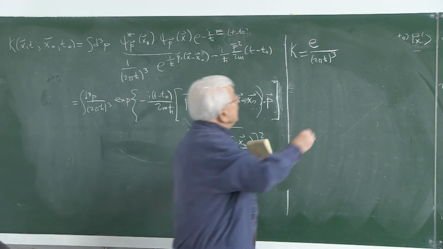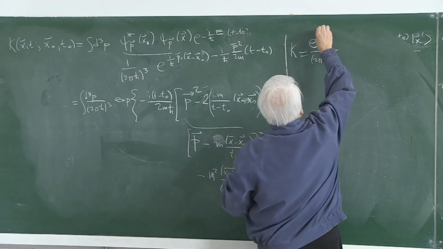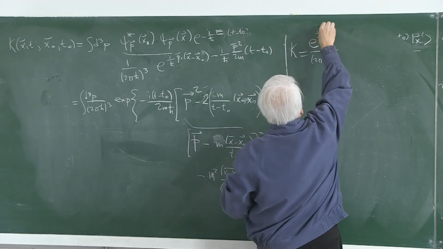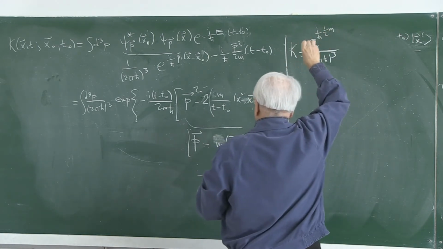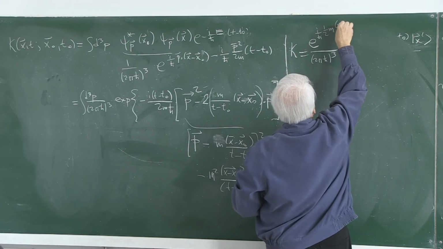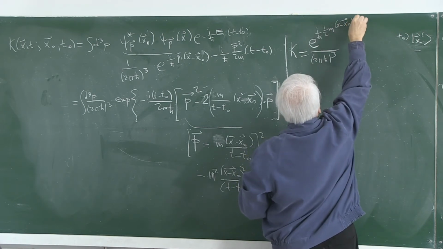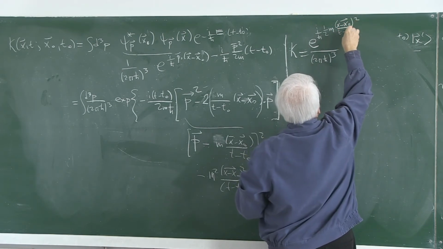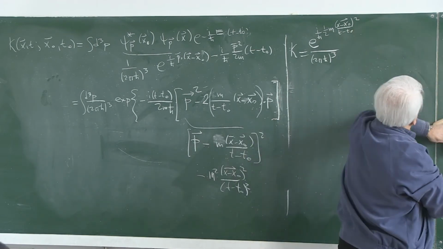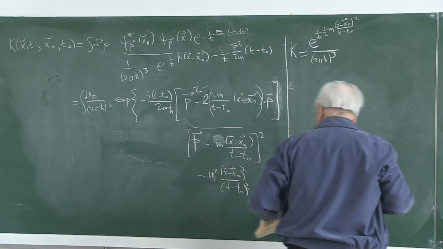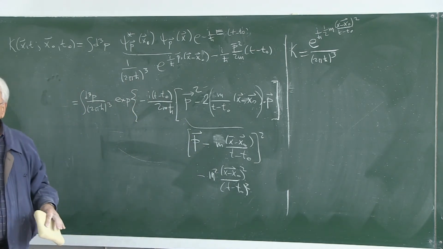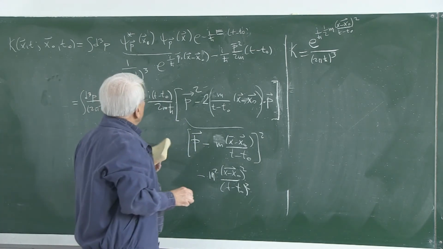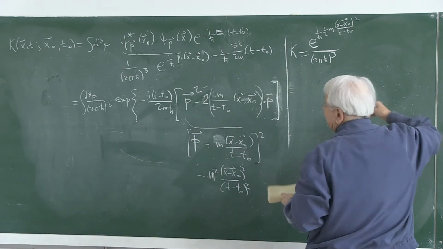Nice. So it is i over h bar, 1 over 2m, (x minus x0) squared divided by t minus t0. How nice. Well, when you're playing with these simple problems, you really enjoy it, because things are so simple, but beautifully simple. What is left over, this comes out as it is.